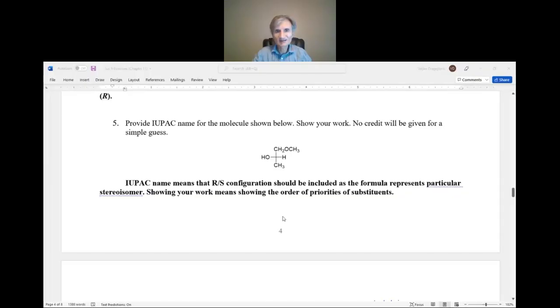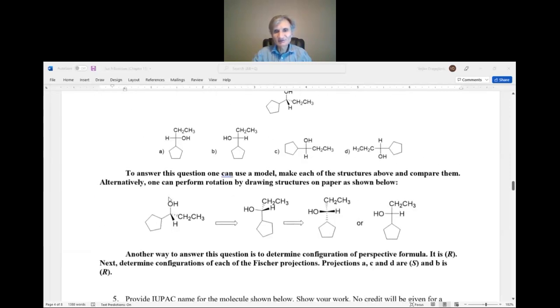I have a question. How did OH go from being a solid line in the plane to projecting towards you? That's simply a Fischer convention. So here is how we did it. In a perspective drawing, we typically represent two bonds on chirality center in the plane of the drawing, one projecting towards the viewer and one away from the viewer.